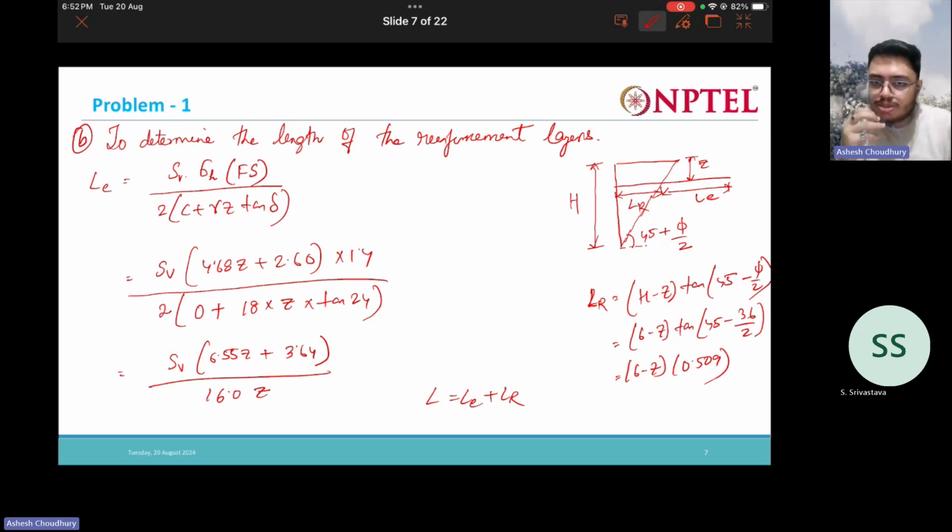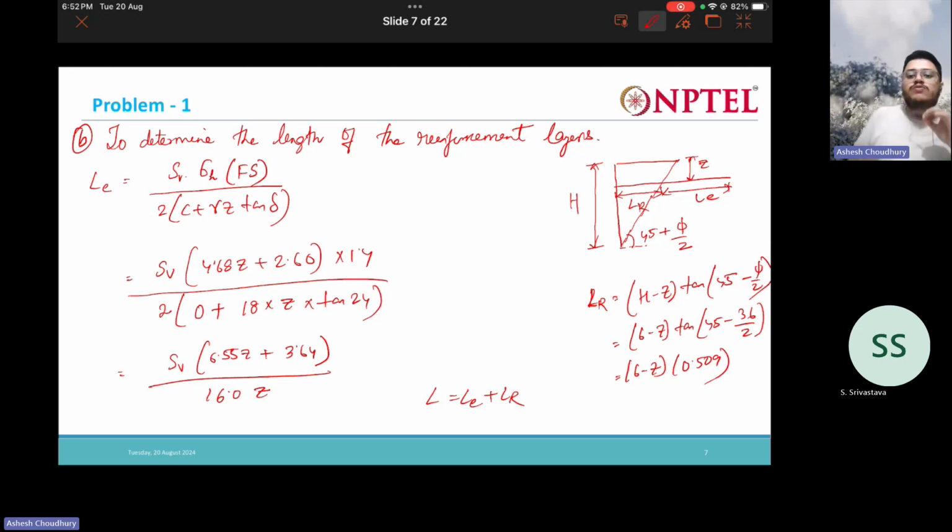So LE comes from the embedment, that is, from the pull-out criteria, and LR comes from the geometry. So total length is LE plus LR, correct? Done. Now you can see this LE is a function of the depth and also the spacing.